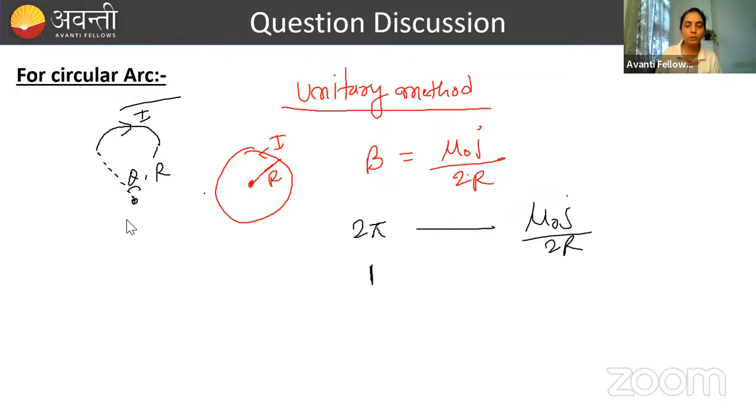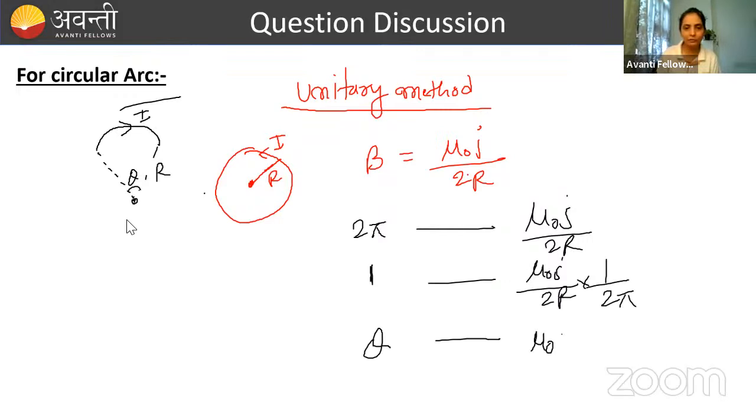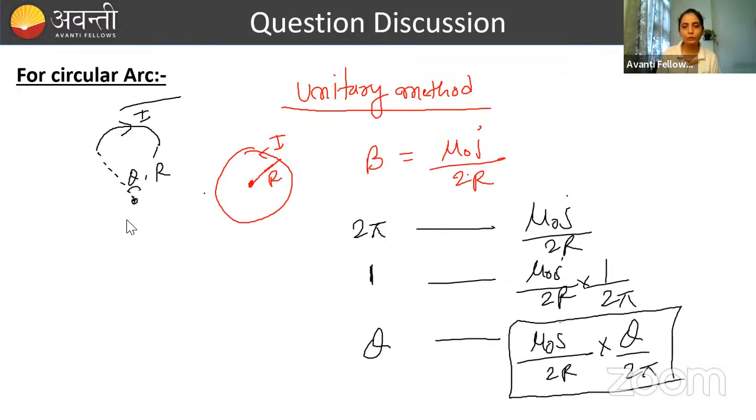If it is making unit radian of angle, then magnetic field will be this much. And if the arc is making an angle theta at the center, then magnetic field because of that arc will be this much. So this is the value of magnetic field because of an arc that is making an angle theta at the center. This will be the formula. Okay, I hope it is clear now. So these are the formulas for circular thing.